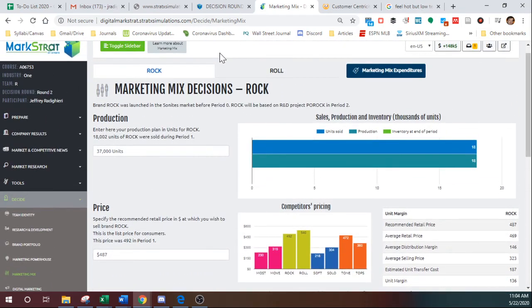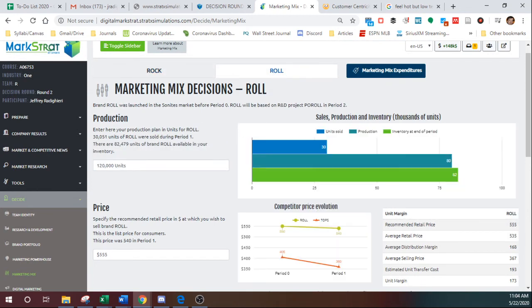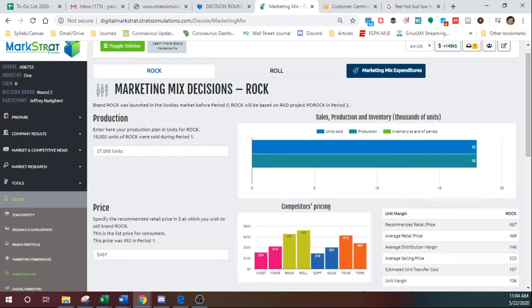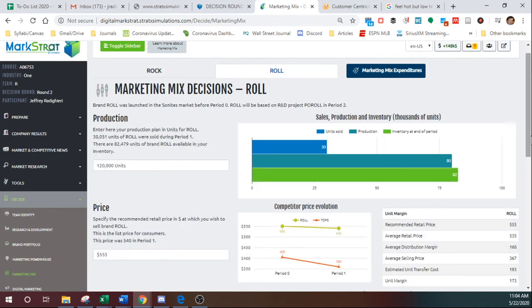So we made decisions there for rock. You could also do the same thing for roll. You just repeat the process. So in this case, you will see there were lots of units left over. If you sold 30,000 last period, say you assume that this period you're going to sell 50,000, knowing that you have 80,000 left over, you would set this to 0.